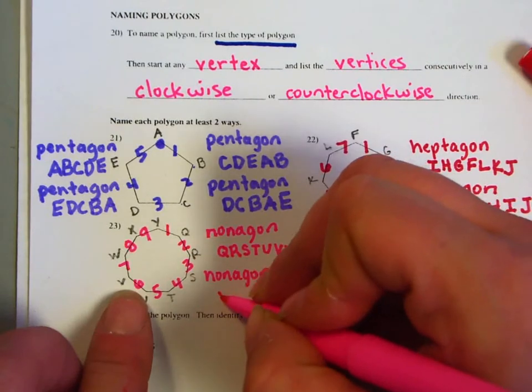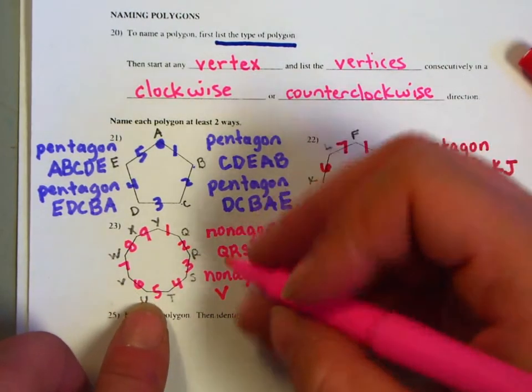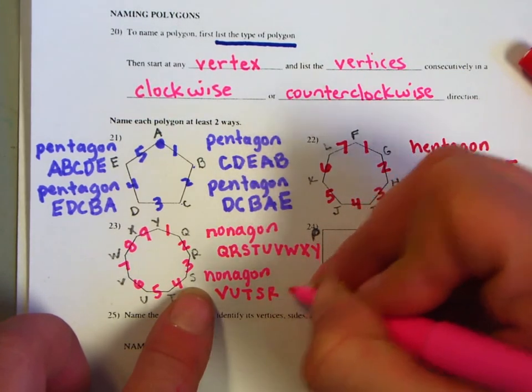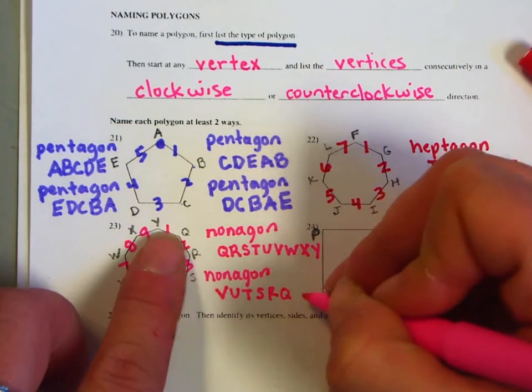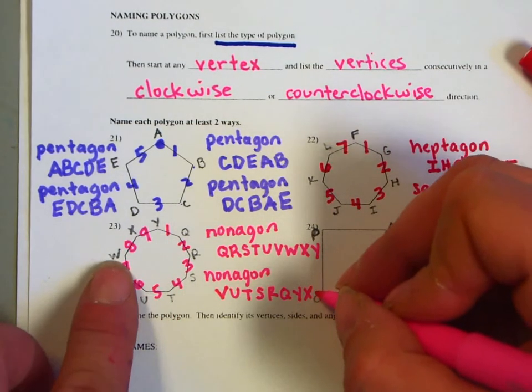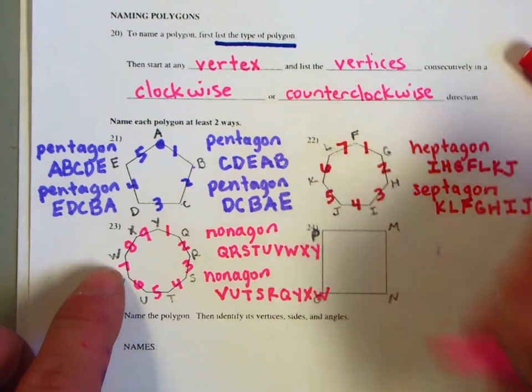Let's say we start at V. Let's go counterclockwise this time. U, T, S, R, Q, Y, X, W.